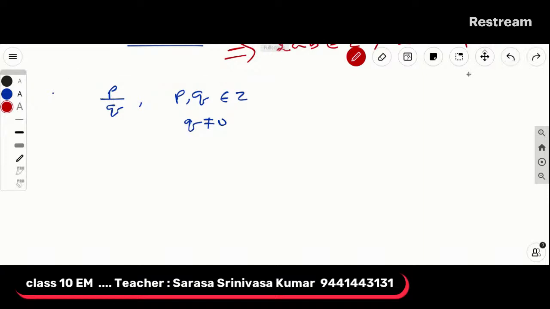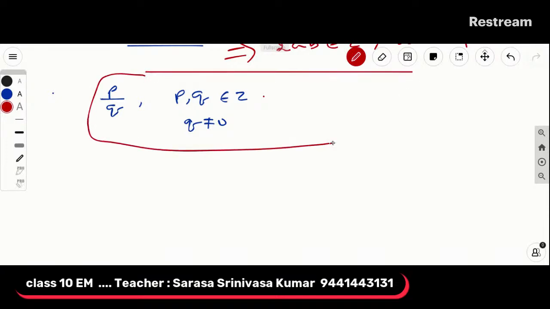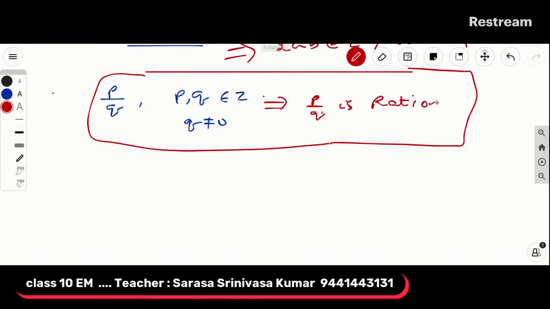Now, using this definition, this implies p by q is a rational number.